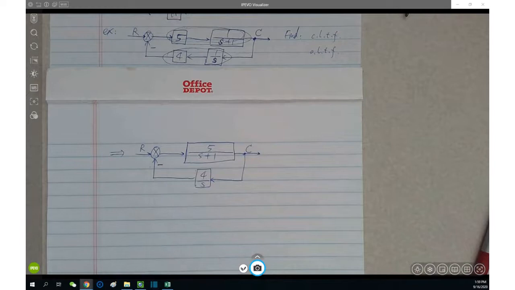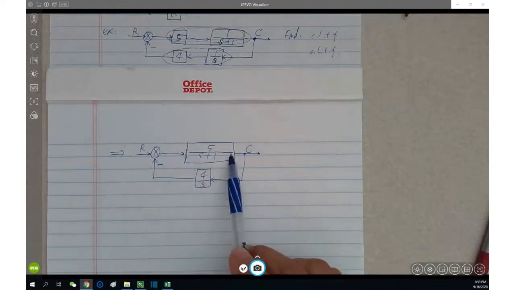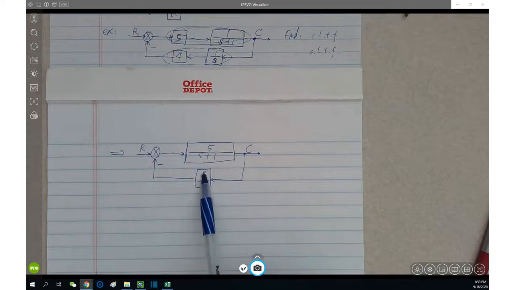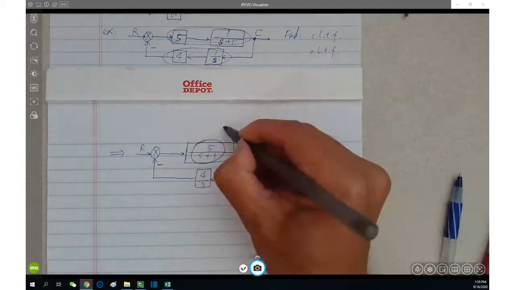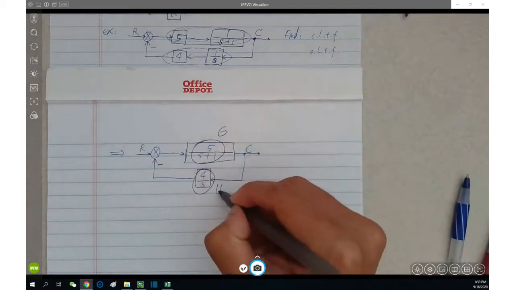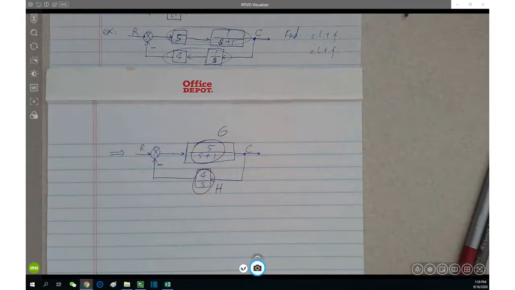It matters to the denominator formula, obviously. This is the resulting system, which is the basic feedback configuration, right? One forward transfer function here, one feedback transfer function here. So in your head, you correctly identify this as G and this as H. Then what we need to do next is just apply the formula, right?